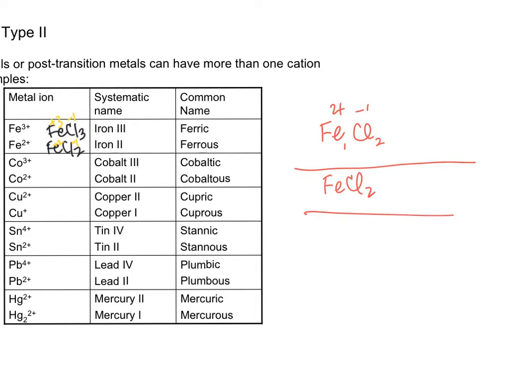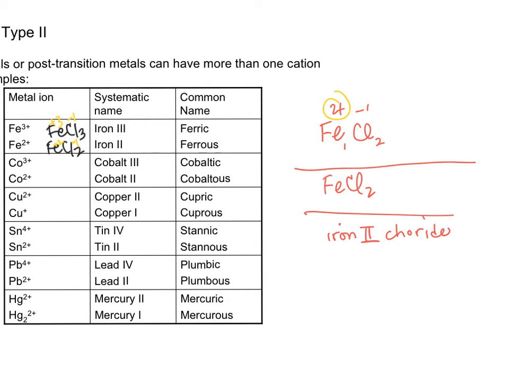If it's a type 2 compound, you got to put the charge in and use Roman numerals for it. So it would be iron 2, and you don't put in parentheses, it's just iron Roman numeral 2. You start to name the anion, you stop and you put an IDE because it's binary.